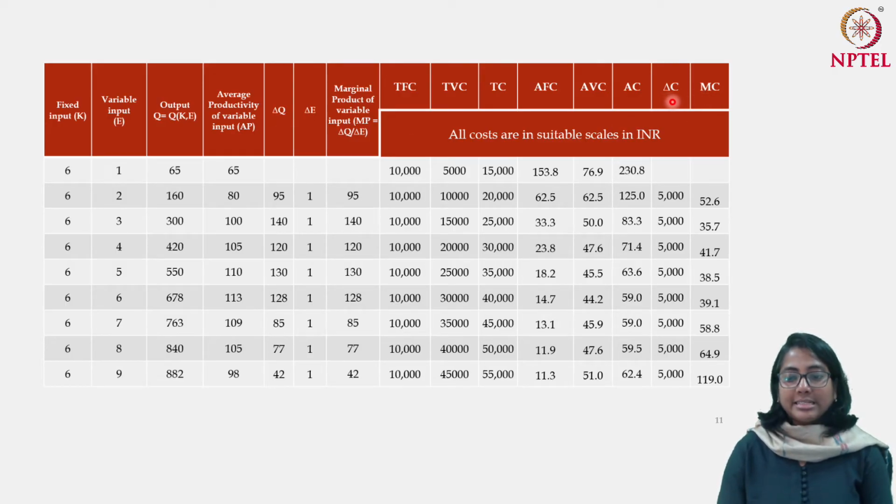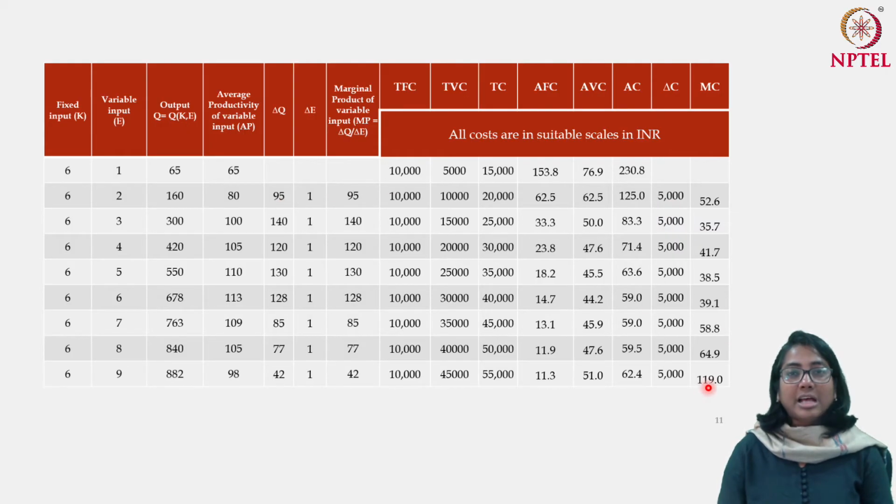When we say delta C, you see this is always 5000. As I have mentioned before, delta C is basically equal to delta average variable cost, because that is the only component of cost which is actually changing your total cost as your level of output is changing. So delta C here is 5000 at every stage. To get this number 52.6, we have to divide 5000 by 95.